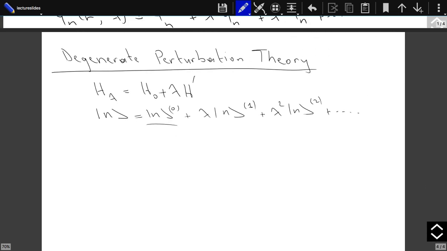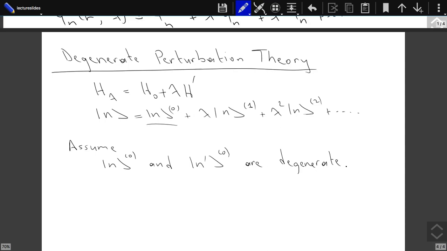Now, when there is degeneracy, the problem is we don't have a unique choice of energy eigenstates. So let's just assume that N0 and, let's say, N prime 0 are degenerate, that they have the same energy.